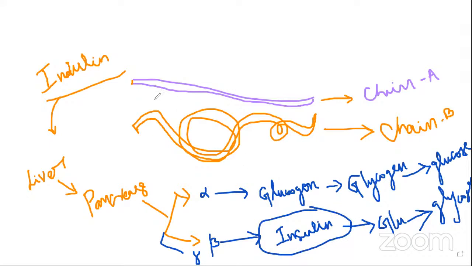In between is the disulfide bond. Disulfide means there is an S, a bond, and again an S. I will mark this bond in a different color for better understanding. This is the sulfhydryl bond, SH.